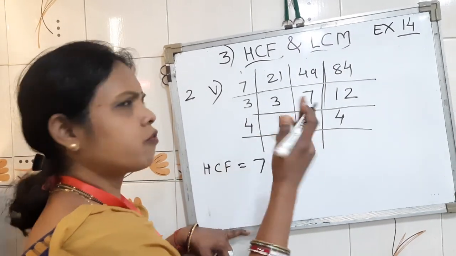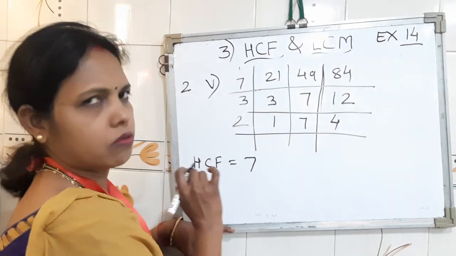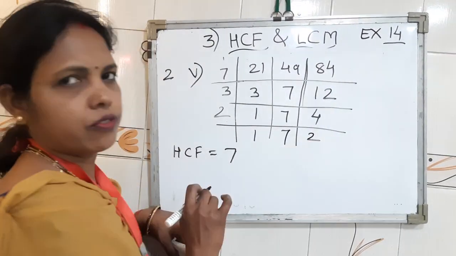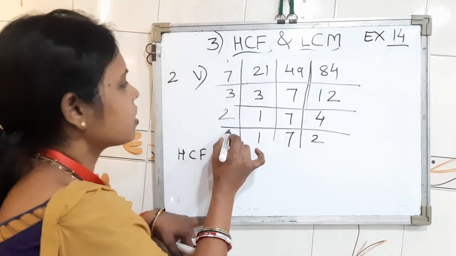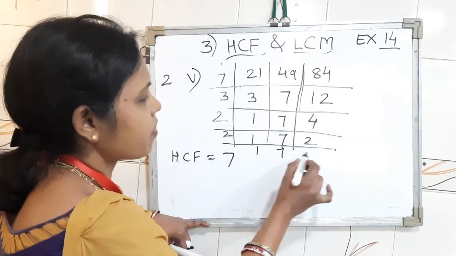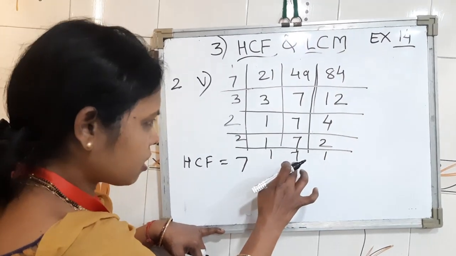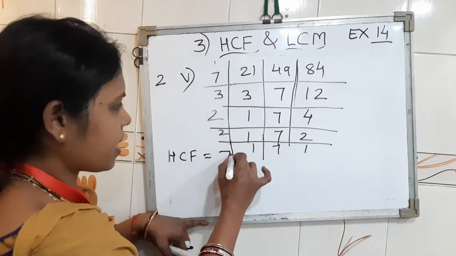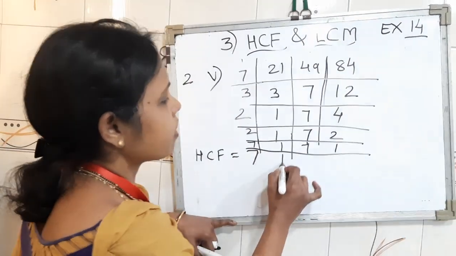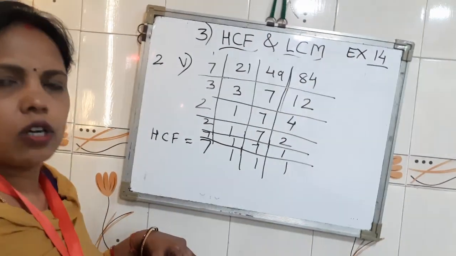Then here we will write 4 directly. 4 ones are 4, or 2. Write down, 2 ones are 2, 2 twos are 4. Here again with the help of 2 only. 1, 7, 1. 2 ones are 2. Here again which number remains? 7. Then divide by 7. You will get 1 1 1. For all 3 you got your answer.